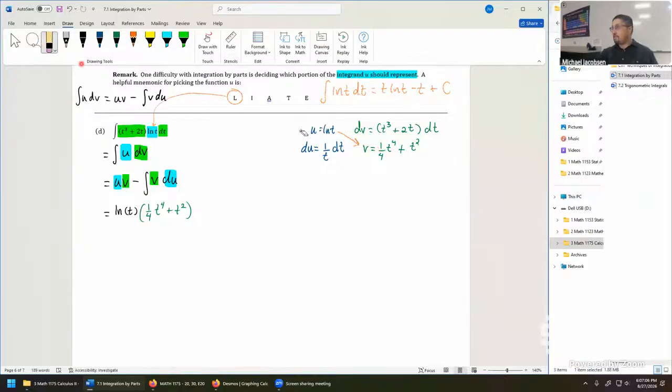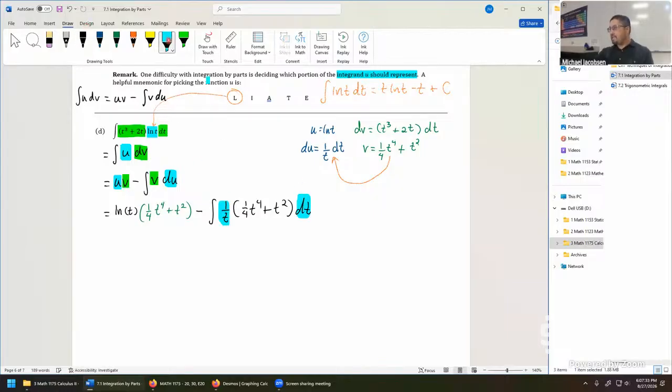Multiply those two together, and then we go minus the integral of the v du portion. If you're a fan of the arrows way of looking at it, it's just taking this and multiplying that way. Substituting it in, that's just going to be 1 over t times 1 over 4 t power 4 plus t squared dt.